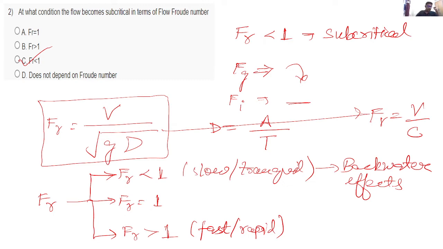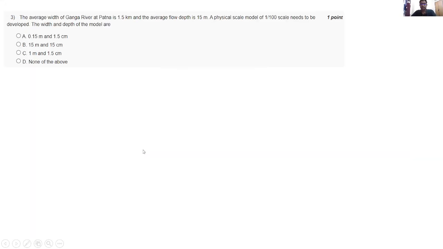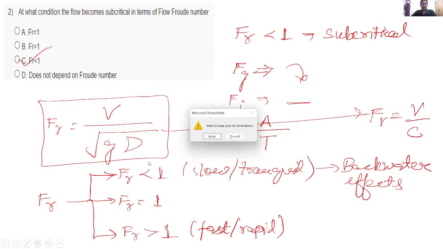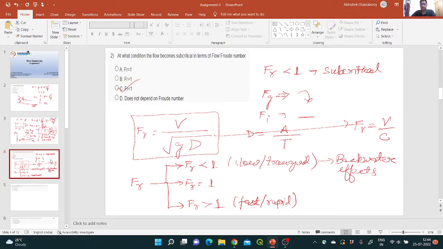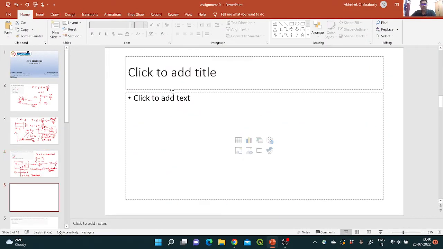So effectively, the critical flow is an unstable entity. I will represent it in the next slide. So critical flows are basically unstable.